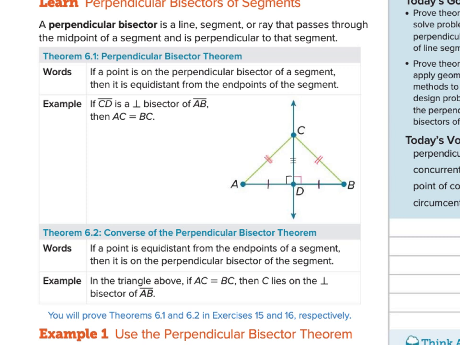And then the converse says that if a point is equidistant from the endpoints of a segment, then it is on the perpendicular bisector. So going forward and back, if you have a perpendicular bisector, then these are equidistant, or if these are equidistant, then that means you have a perpendicular bisector.